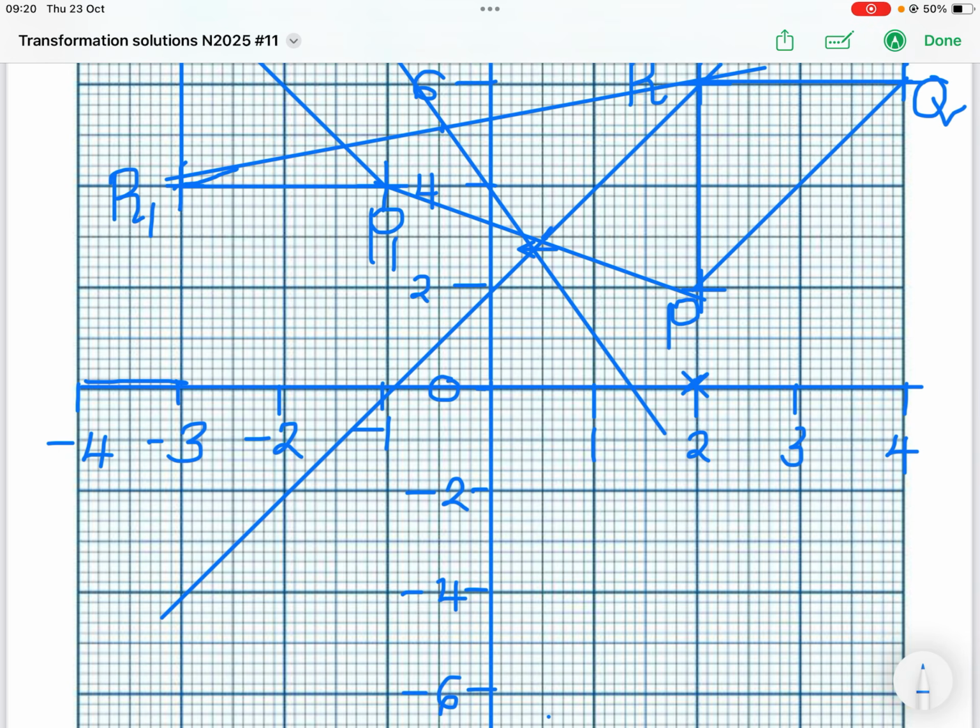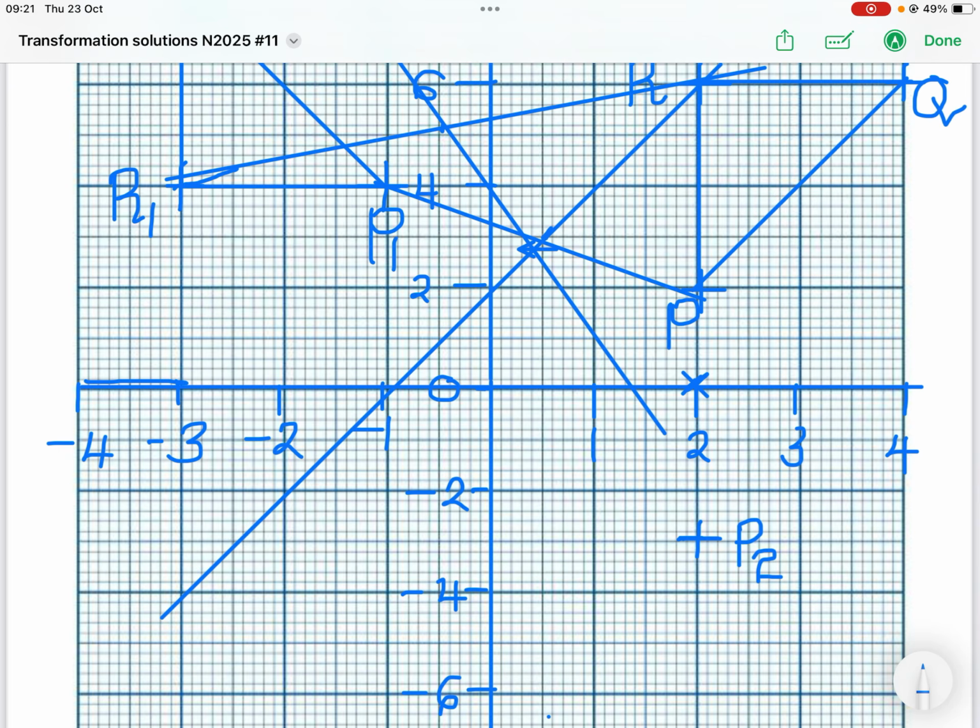We are saying 2 in the x-axis and minus 3 in the y-axis, so it is roughly here. This is going to be our P2. I hope you are understanding. From P to center of enlargement, we are having one box, and then one box times 1.5, we have 1.5. So from the center of enlargement to P2, we are supposed to measure 1.5, so that is going to be our P2.